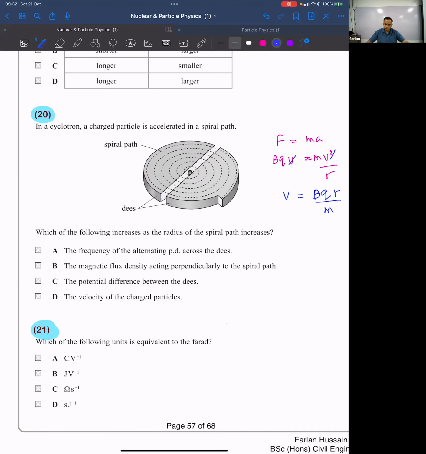So BQ equals MV squared over R, so BQR over M equals V. As the radius increases, we know it goes in a spiral path. B, the magnetic flux density, is constant; the charge of the particle is constant; the mass of the particle is constant. So as the R increases, what increases? The speed increases. If it were not increasing, it would have to be a constant speed, but here the speed keeps increasing. So the answer is the velocity of the charged particle. The answer is D.